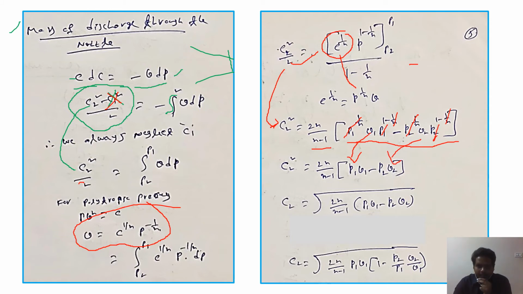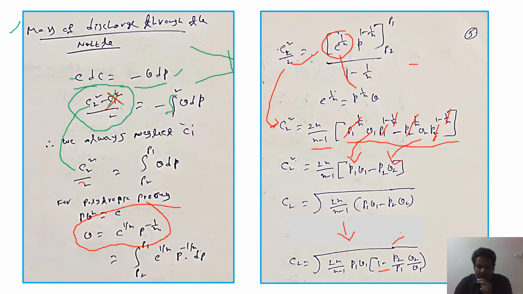Now C2 equals the square root of 2n by n minus 1 (P1 V1 minus P2 V2). So this we can write as C2 equals the square root of 2n by n minus 1 times P1 V1 common, and inside it would be 1 minus P2 by P1 into V2 by V1.